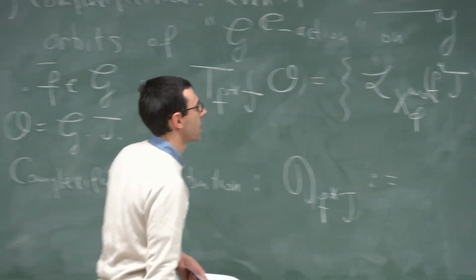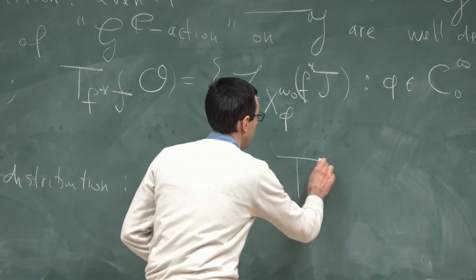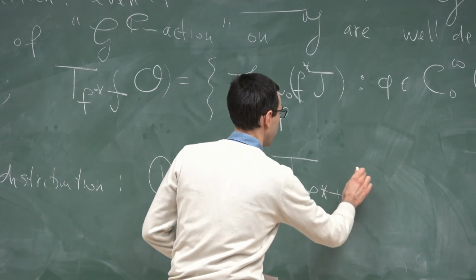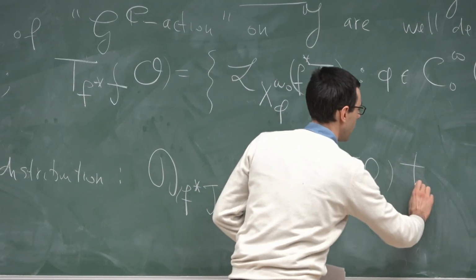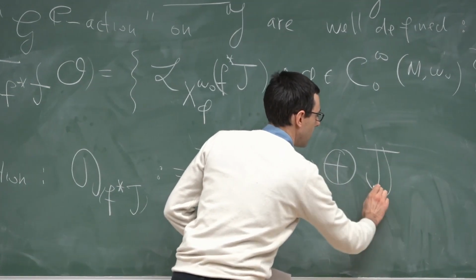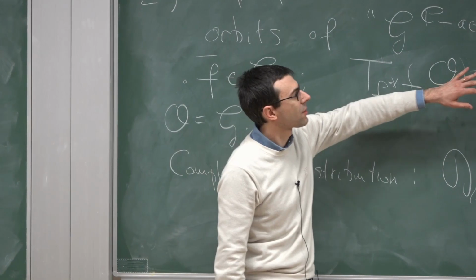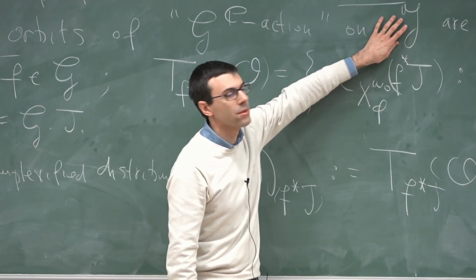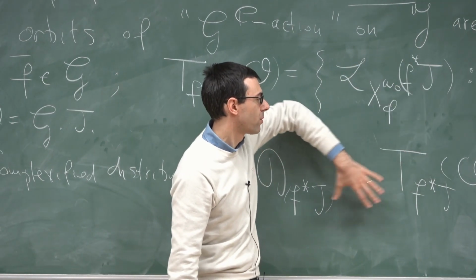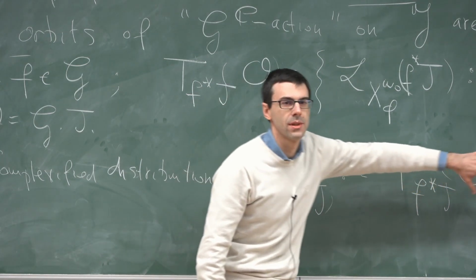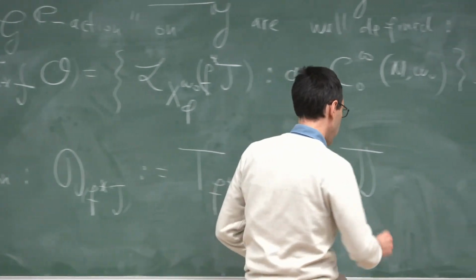It's just what you would expect. You get the tangent space to the G orbit, and then plus, remember, you have this tautological almost complex structure acting on the tangent bundle to J. So if I want to complexify, that's the only sensible thing to do, acting on the real part with this J and adding up.